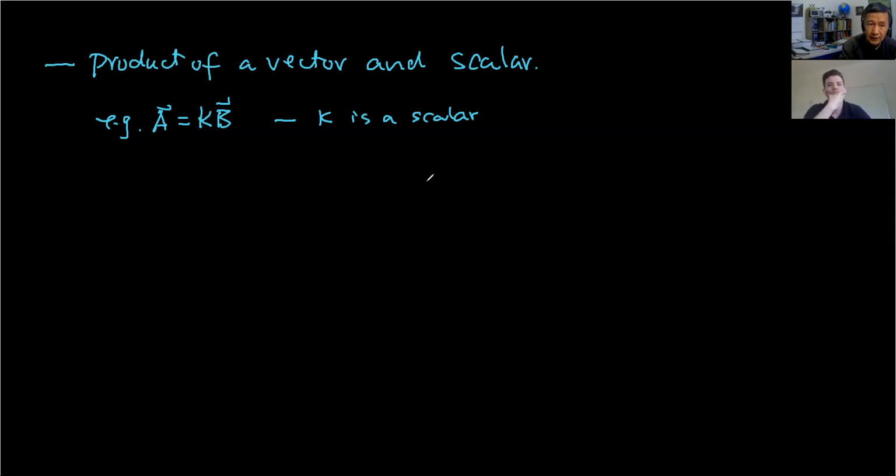Another important thing is that in this case, we can argue that A and B are parallel. Doesn't that make sense? Because no matter what K is, the direction of these two vectors is always the same. Makes sense.